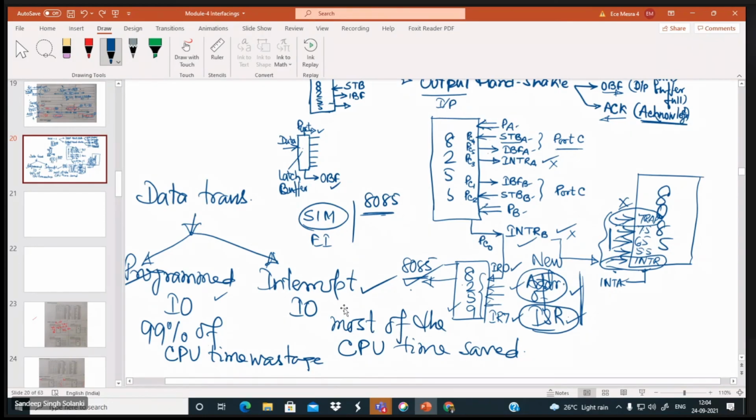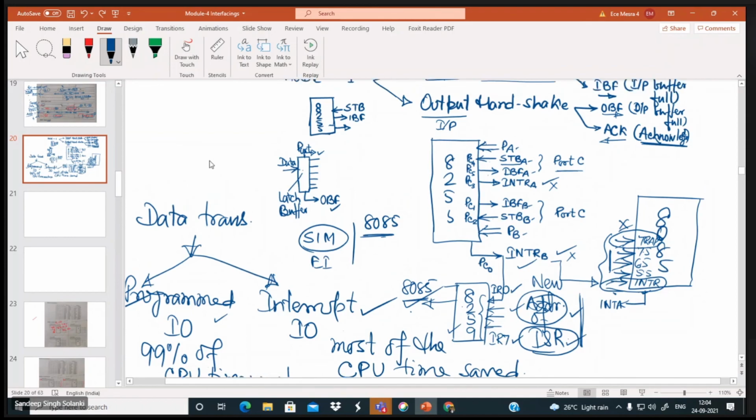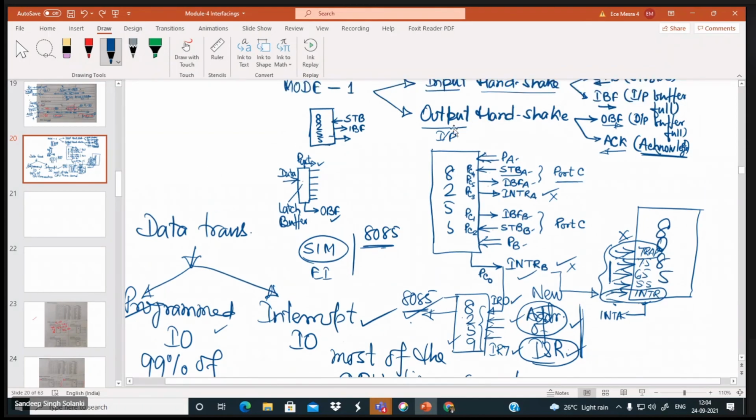And for your information, after completing mode 1 in input handshake and output handshake, you will find that your mode 2 is also getting completed, because mode 2 is your bidirectional mode, and in that bidirectional mode these two will get merged together. And that too for port A only.